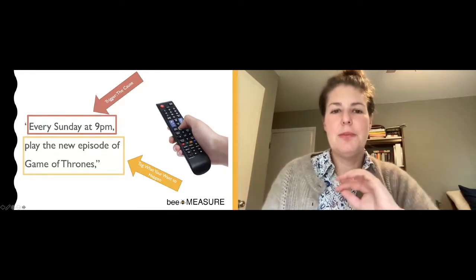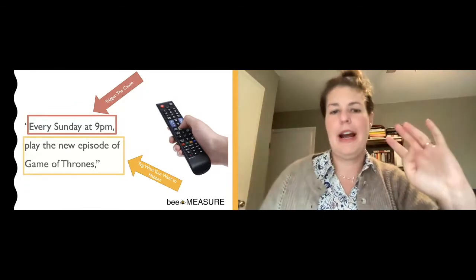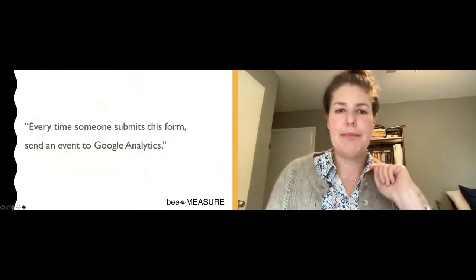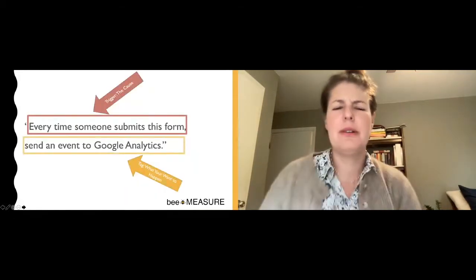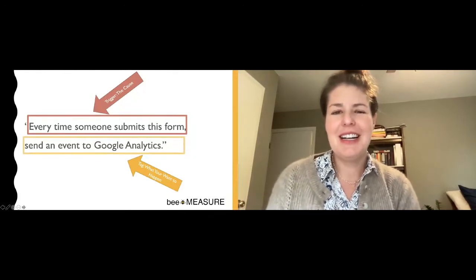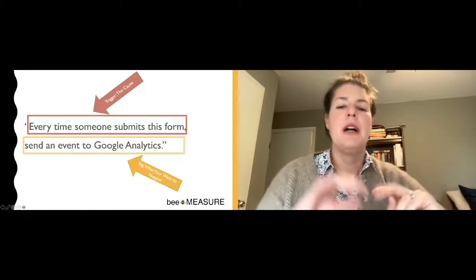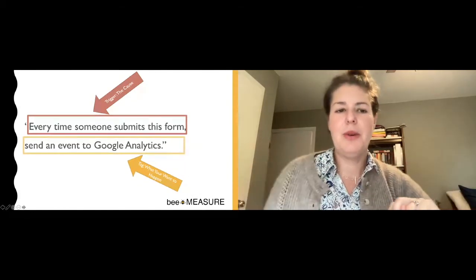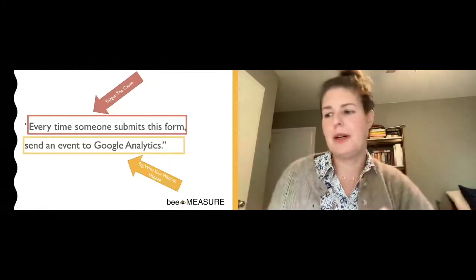So we have 2 parts to this statement, the cause and the what happens. It's the same principle in Google Tag Manager. We have the cause, this is the action that happens, so when somebody submits a form, and then we have what you want to happen, send an event to Google Analytics. So we got the 2 parts here.